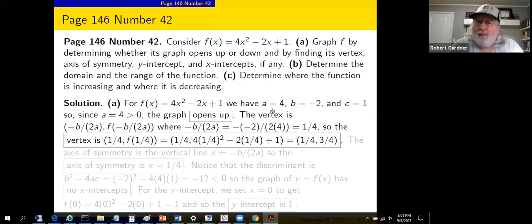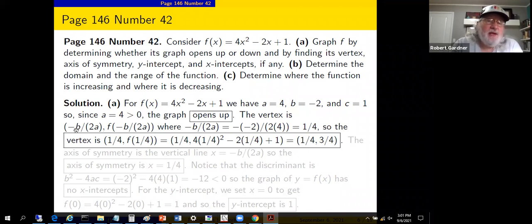So in that terminology, a is 4, b is -2, the sign goes with it, and c is +1. A is 4, which is positive, so the graph opens up. They ask about that first, so there's the answer to that part. The graph opens up. They wanted the vertex.